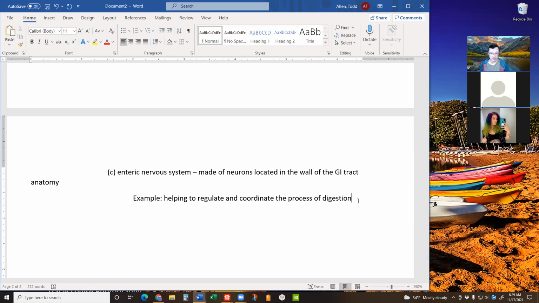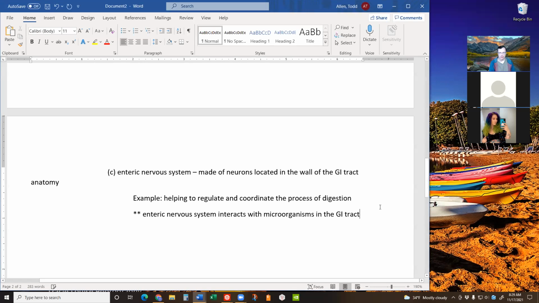We still don't understand it very well, but we know that the microbes are definitely involved. Okay. So the enteric nervous system interacts with microorganisms in the GI tract and is influenced by those microbes in ways we don't understand yet.